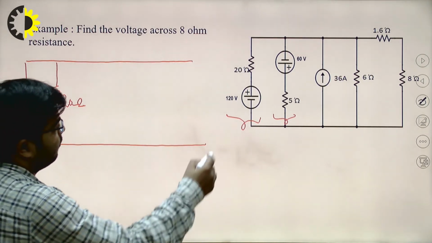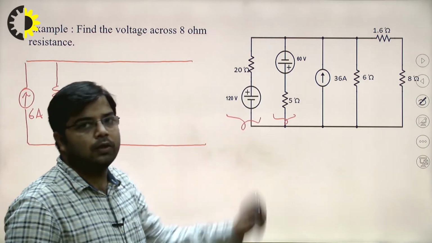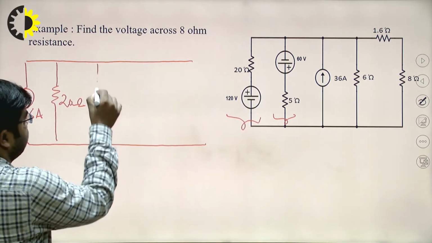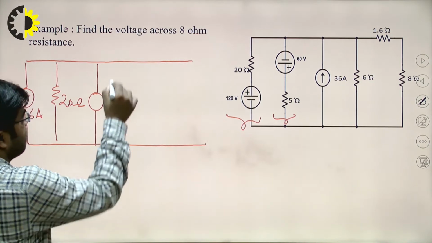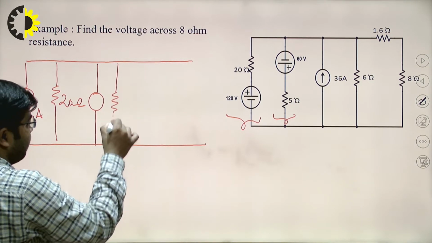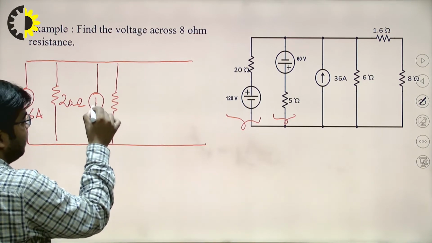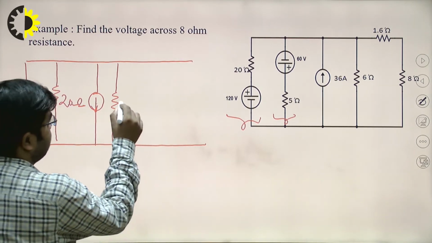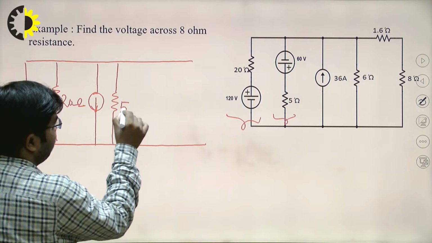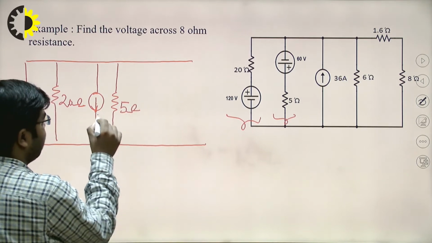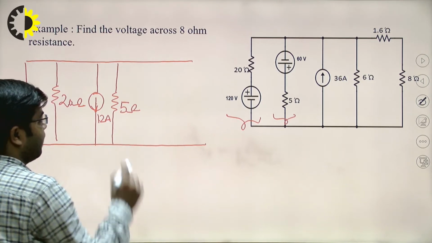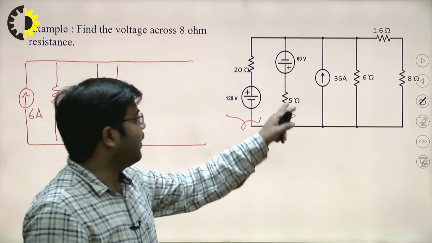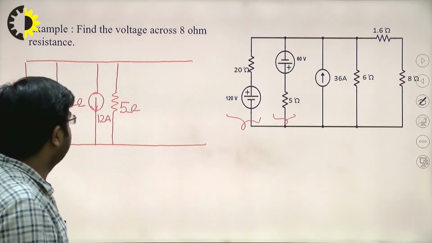Then again you can transfer this voltage source into current source. So direction will be downward. This resistance will be 5 ohm and this current will be 12 ampere, because 60 divided by 5 will give 12 ampere.